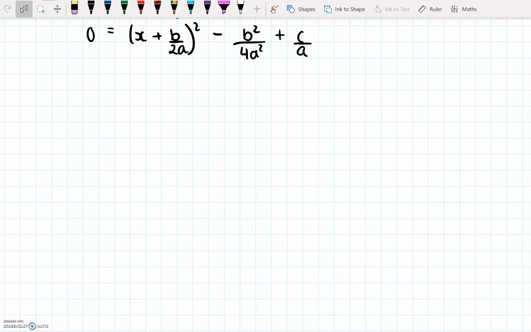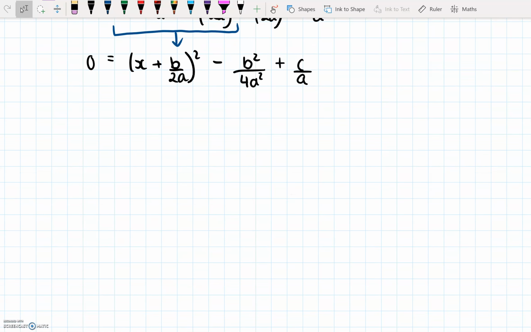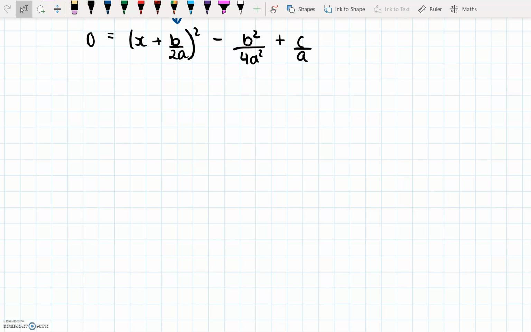All right, now at this point, what I would like to do is, firstly, we're going to move the x onto the left. Now, in this case, actually, what I will do is I'm going to subtract b squared over 4a squared, so we're going to add that, and I'm going to subtract c over a, but because of how I would like my equation to look, I'm going to actually leave them on the right.